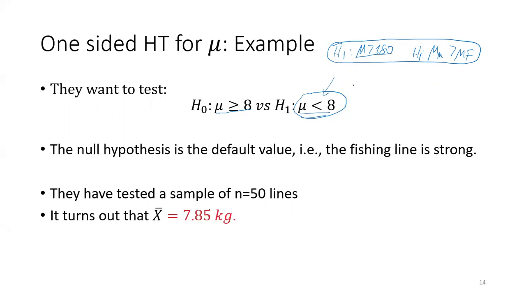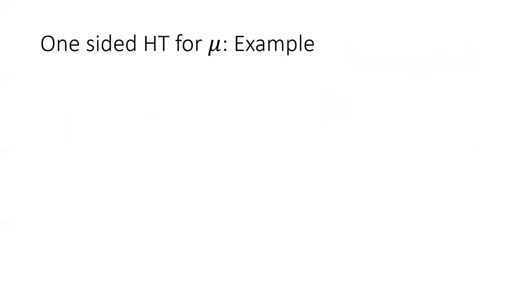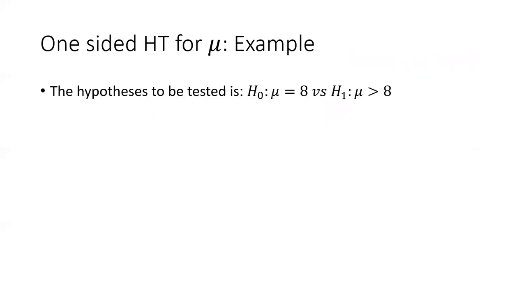So here, the people there think that mu is smaller than 8, so they want to make this test. They take 50 fishing lines, and it turns out that X bar is equal to 8.75 kilograms. So I want to make this test, right? Again, remember, this is equivalent to testing mu is smaller than or equal to 8.